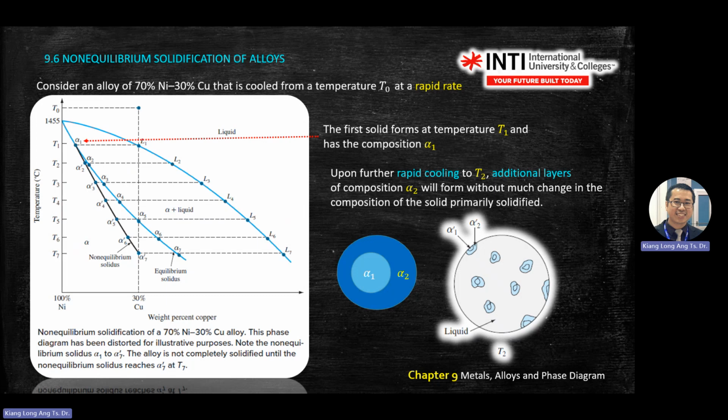So you're still seeing liquid at T0, at this point, or T0 here. Then at T1, you start to see a little bit of, you can say here got alpha 1. Or, because this graph doesn't label anything, comma there. So this one is rapid cooling.